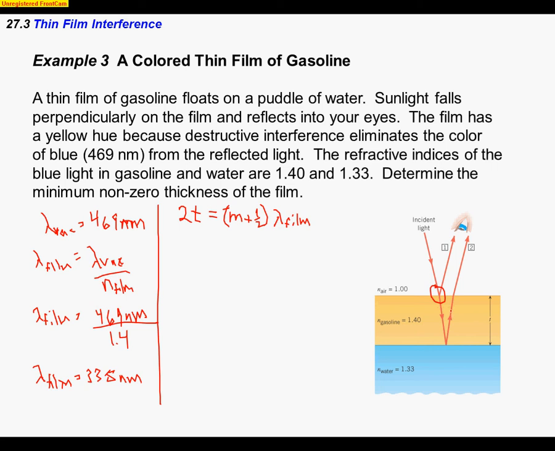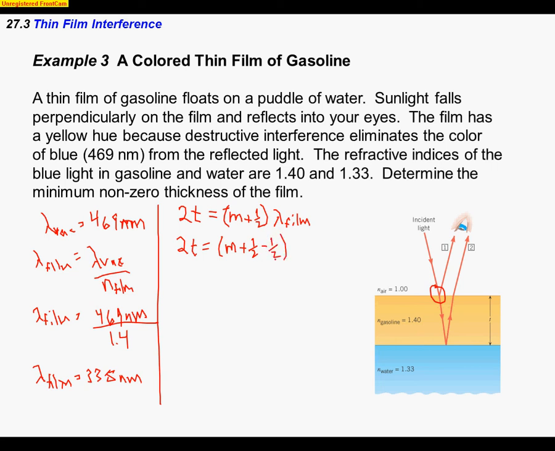So now, in order to get destructive interference, we need this extra distance traveled to actually be a full number of wavelengths. Or another way of looking at that is you can account for a phase change at one boundary and not the other by taking your m plus a half, or if that was just m there, if you were looking at constructive, and subtracting a half wavelength.